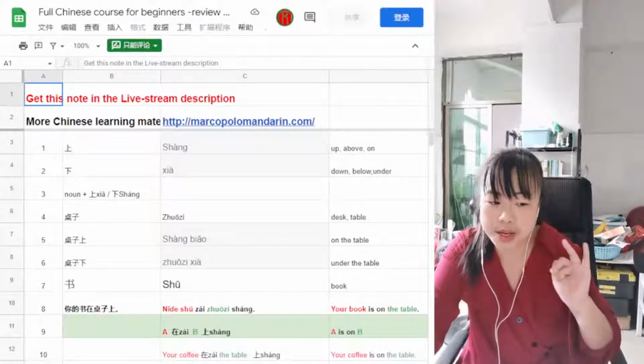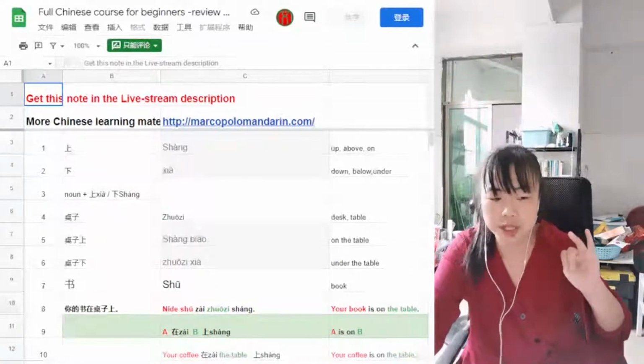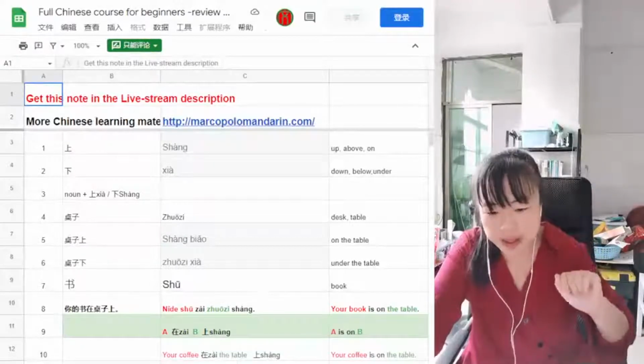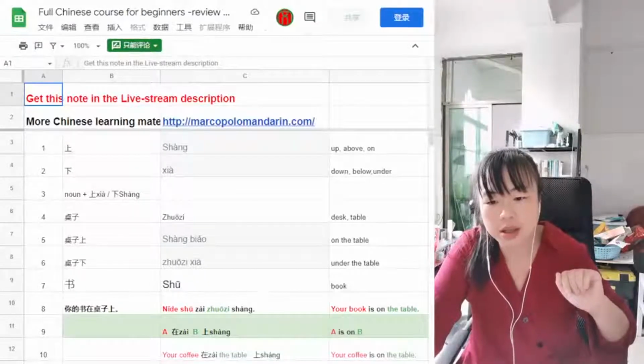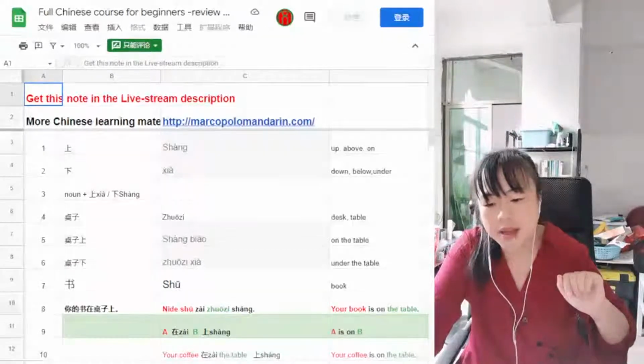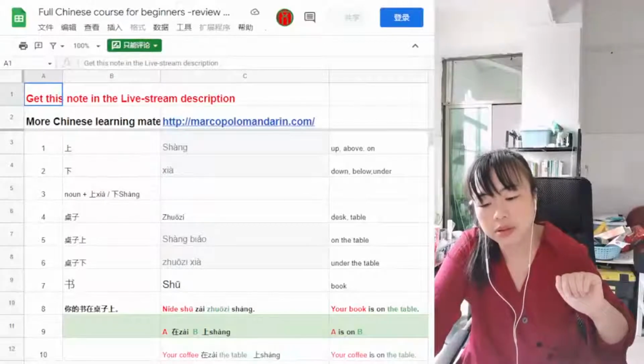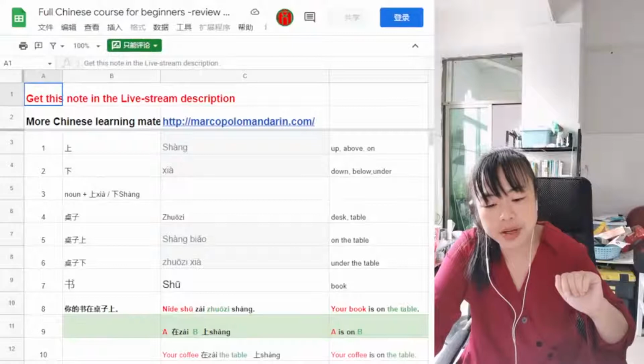Step 3, translate those words into Chinese. Okay, now step 1, color those words. The table is red and the restaurant is green.